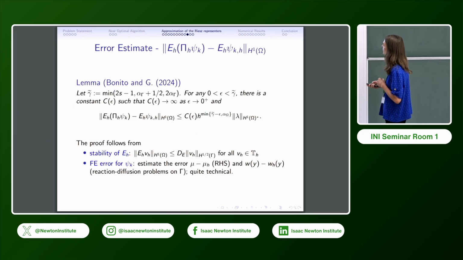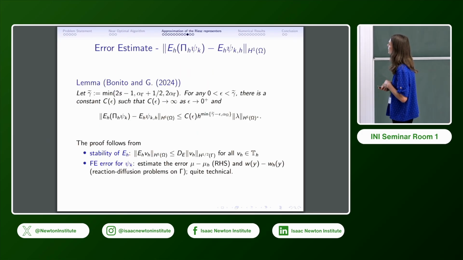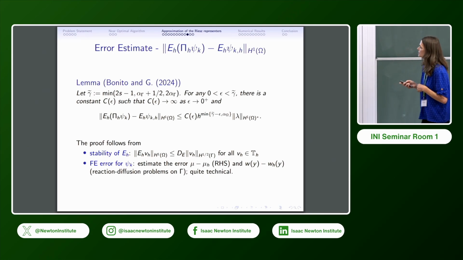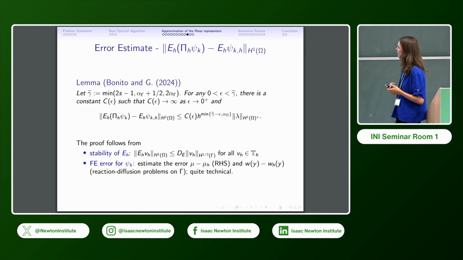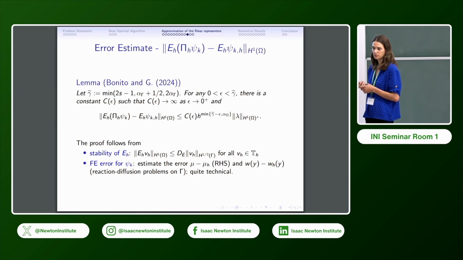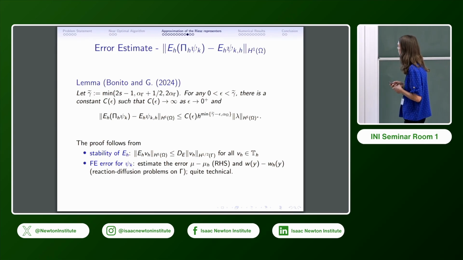Then the last one, we get the same exponent here. And this one is basically the error between the psi k and the psi kh. And this involves the stability of the discrete harmonic extension operator, and then the finite element error for the psi k. And this is quite the technical part of the proof, so I won't say anything more on that.